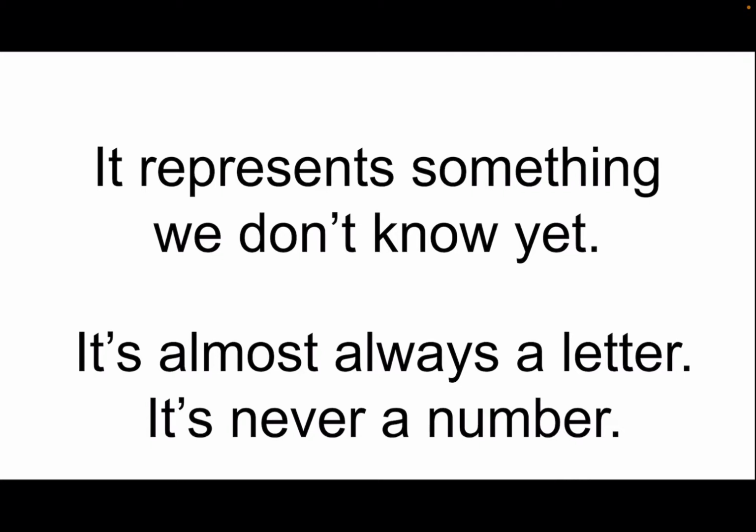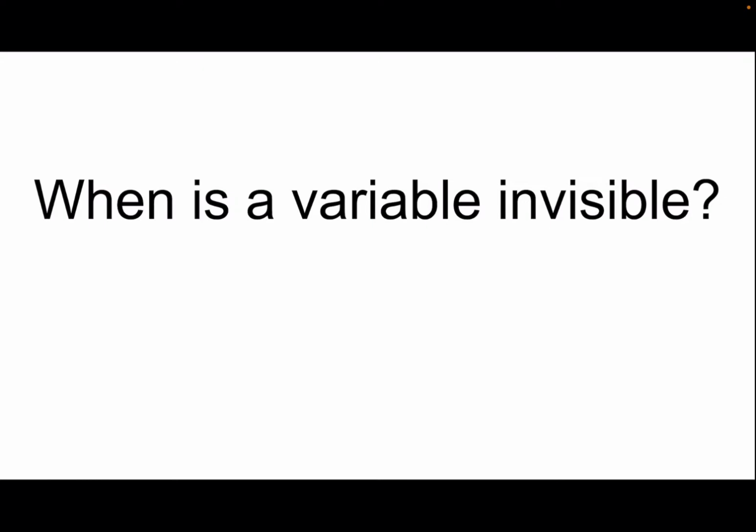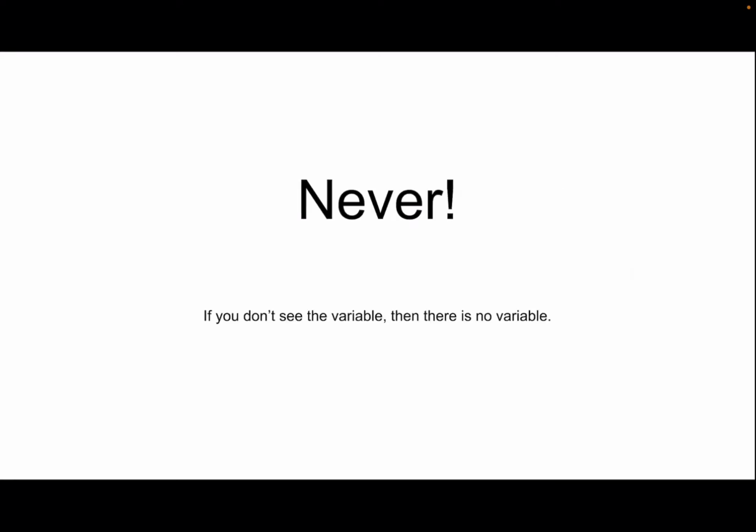If you see a letter, that letter is never going to be a number, and a number is never going to be a variable. So when is a variable going to be invisible? The answer is never. If you don't see a variable there, then there is no variable in the term, okay?